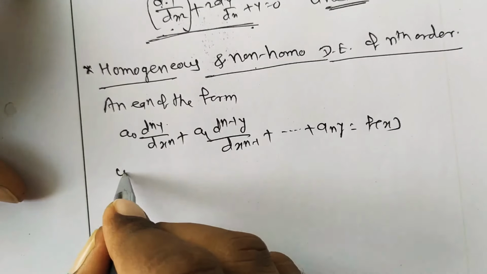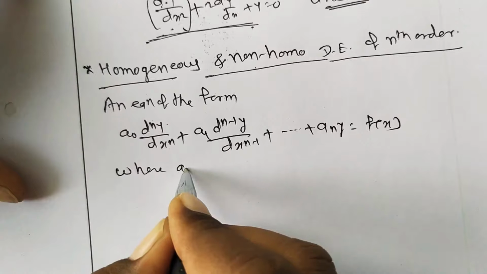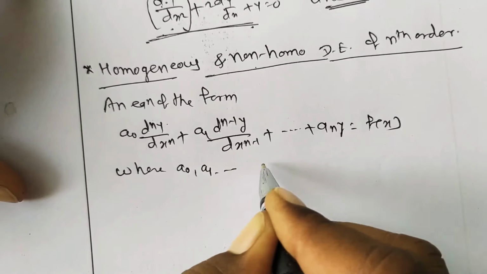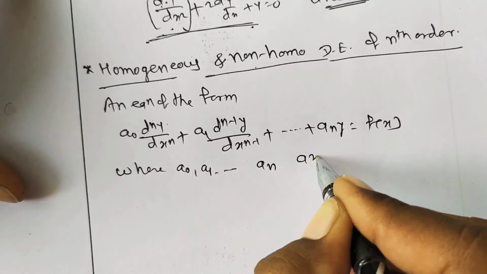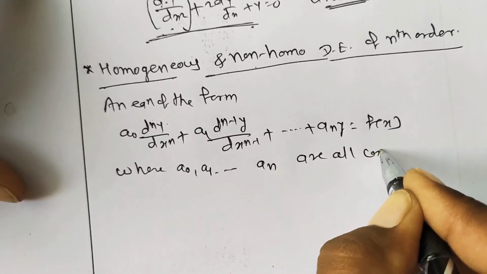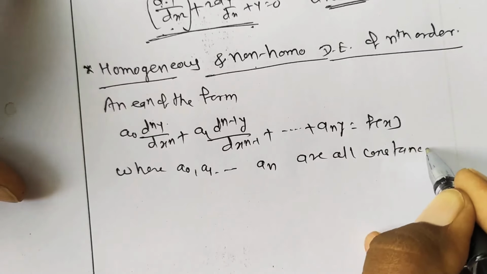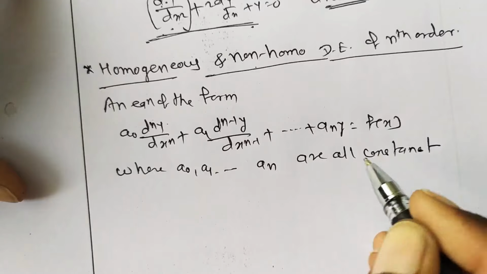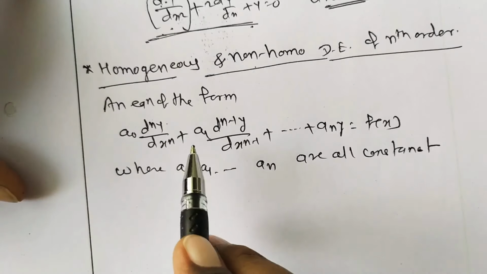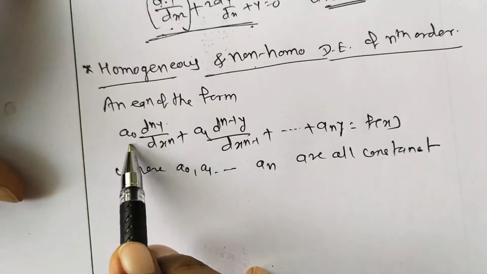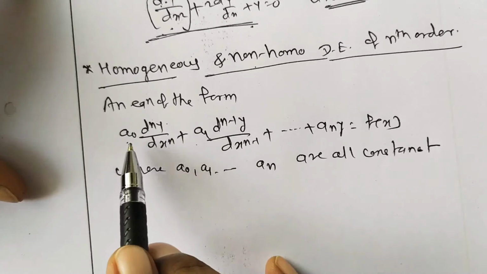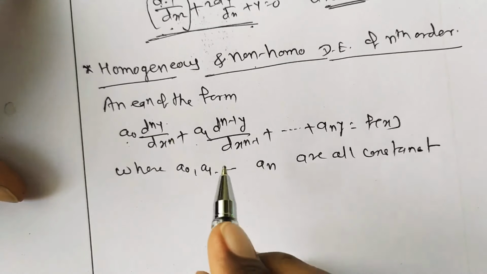So here this a0, a1 up to so on an are all constants. So such type of differential equations are called as linear differential equation with constant coefficient, because here coefficients are constant, that is a0, a1 and an.